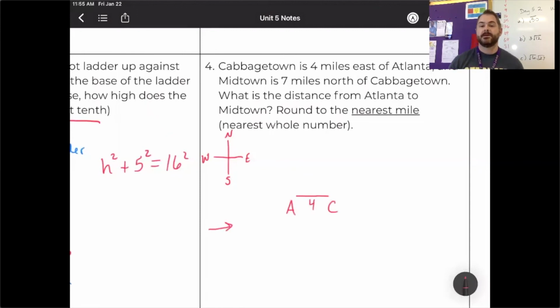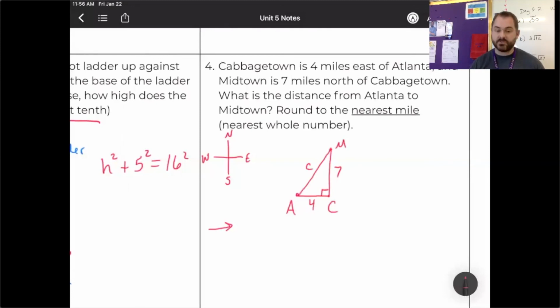Then it says that Midtown is 7 miles north of Cabbagetown. So from Cabbagetown, we go straight north to Midtown, 7 miles. There's your right angle, and if I connect Midtown to Atlanta, there's the hypotenuse, making it a right triangle. And that's what they're looking for.